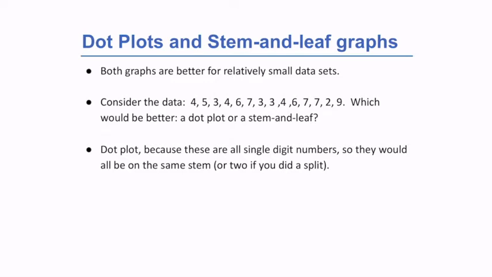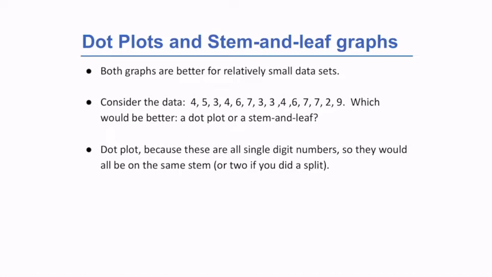Both dot plots and stem and leaf graphs are better for relatively small data sets. If we have this data set 4, 5, 3, 4, 6, 7, 3, 3, 4, 6, 7, 7, 2, and 9, we would rather have a dot plot because these would all be single digit numbers.